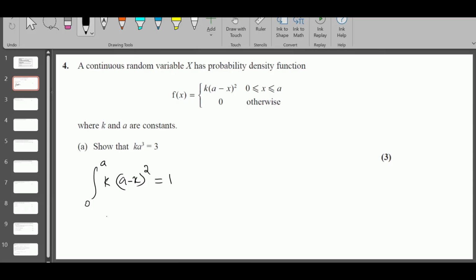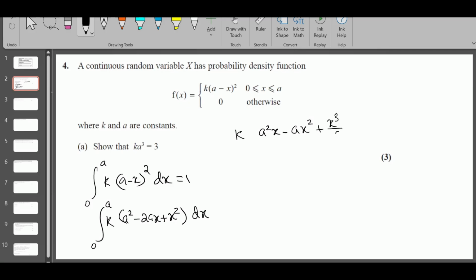So when you expand it, it's a squared minus 2ax plus x squared, dx. Sorry, I need to put dx. That is 1. So it's going to be a squared x minus 2a x squared over 2, plus x cubed over 3, from 0 to a, is 1.